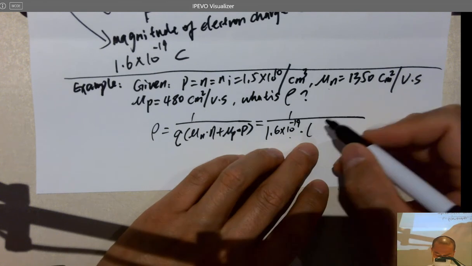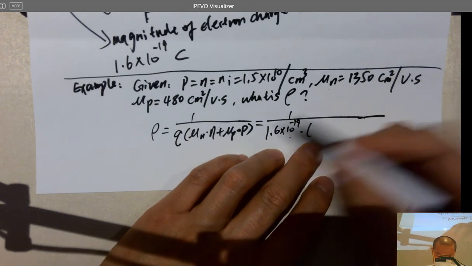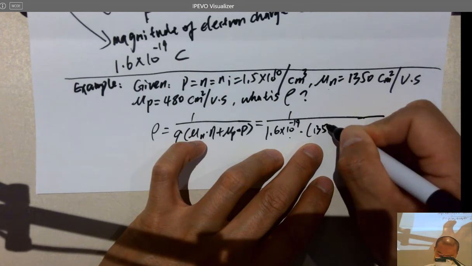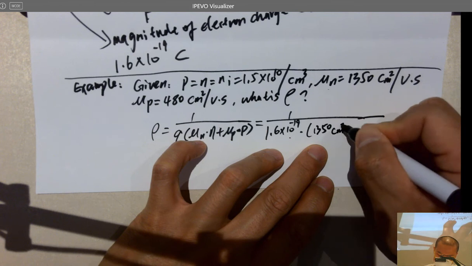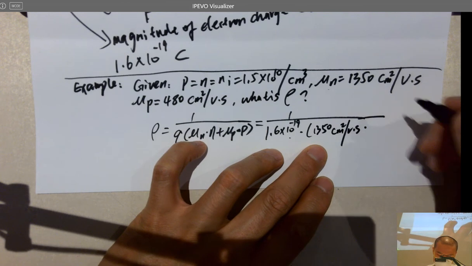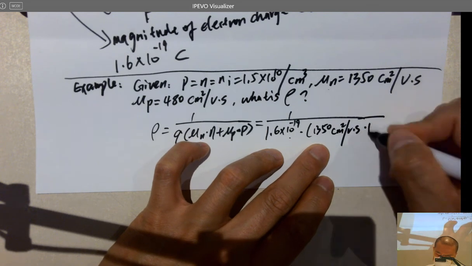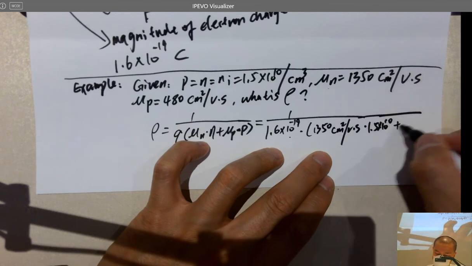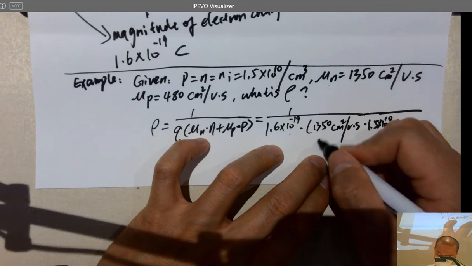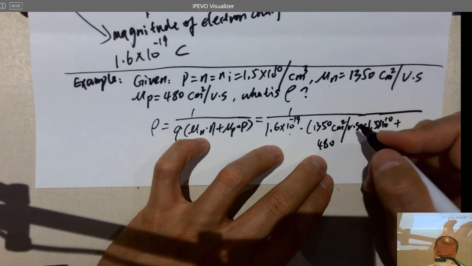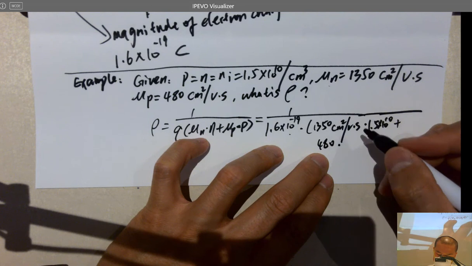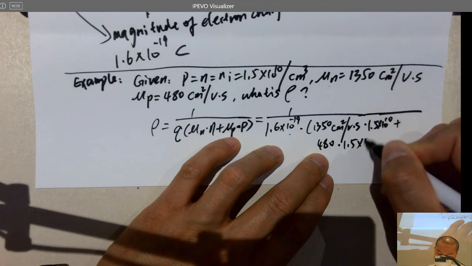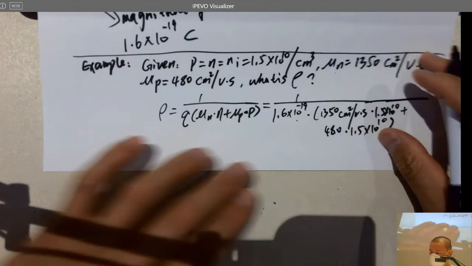1.6 times this, mu n times, I won't put the unit in there because I'm running out of space. 480 times, it's intrinsic silicon, right?